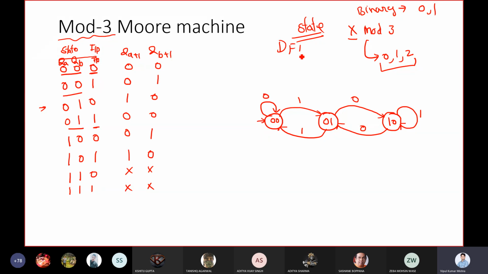Now once you got QA, QB and QA plus 1 and QB plus 1, suppose we are using D flip-flop to realize this circuit. So you can say I want DA and DB. This we already did while we did the flip-flop conversion, right? So how will you figure out DA and DB? You will compare QA and QA plus 1 to find out DA, and QB and QB plus 1 to find out DB. So what will be the DA and DB values?